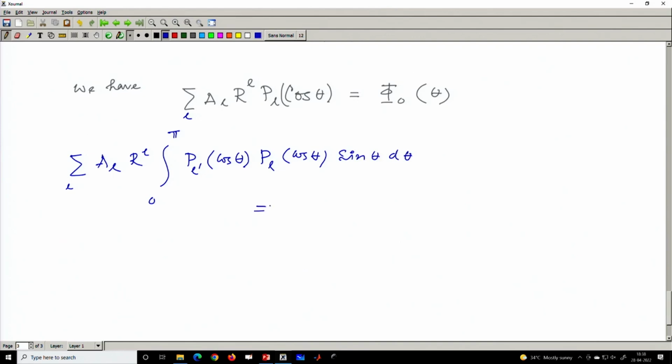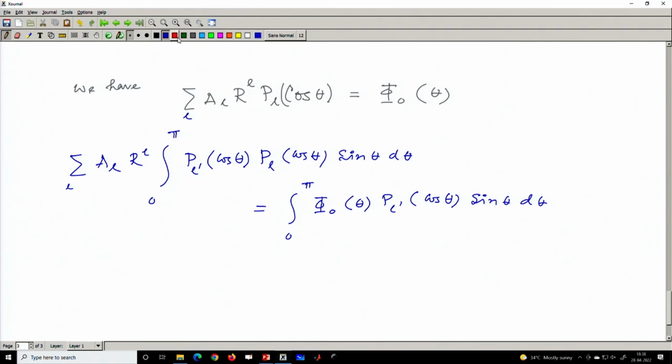On the right-hand side, whatever function of theta is given, which has to be supplied to find the explicit form, it should be multiplied with P_L'(cos theta) sin theta d theta.